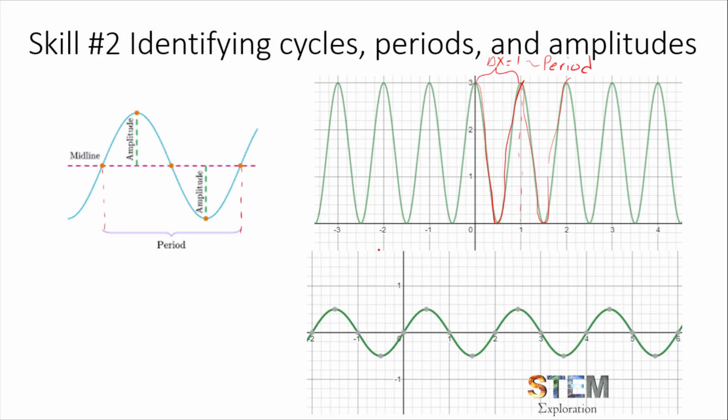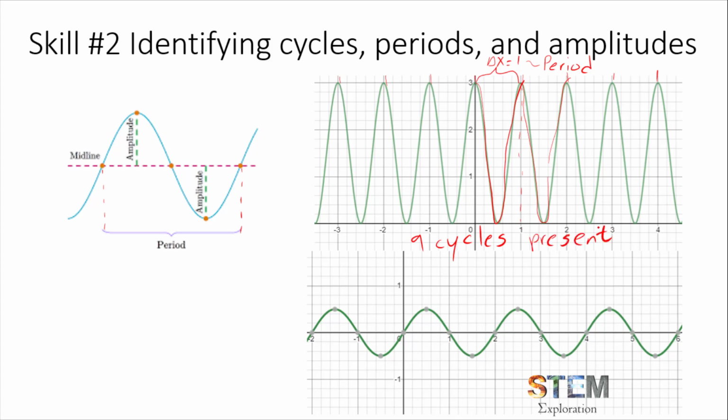So if I look at this function, I can say something like, oh, all right, if I go from here to here, that's a cycle. 2 cycles, 3 cycles, 4 cycles, 5 cycles, 6, 7. Oh, and there's a little bit on each side. So this periodic function has 9 cycles present in the entire thing.